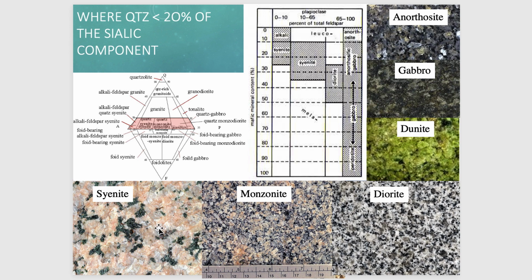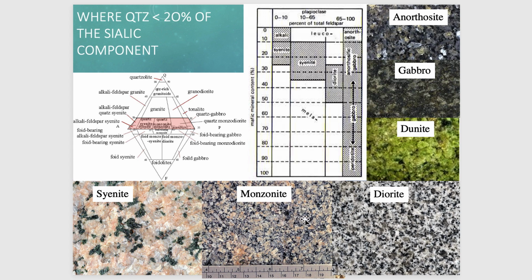Monzonite will move further down this way, so we change some of these K-feldspar into plagioclase, more abundant plagioclase here, so less pink in this rock, more mafics as well. So you have interstitial mafics, which could be amphibole or pyroxene, and that's enough really to argue for a monzonite.